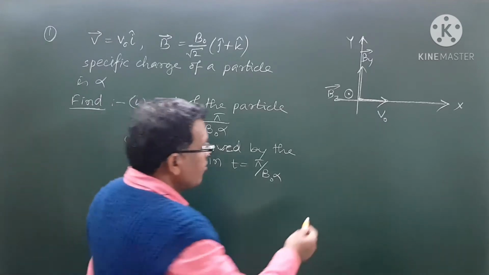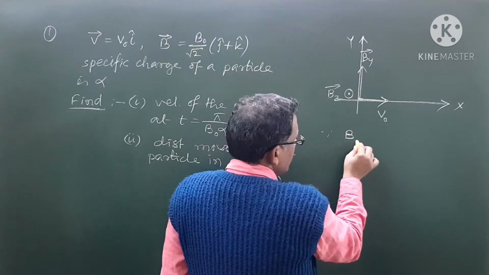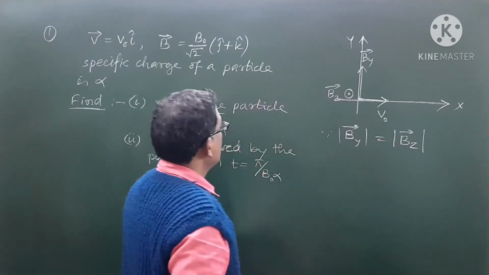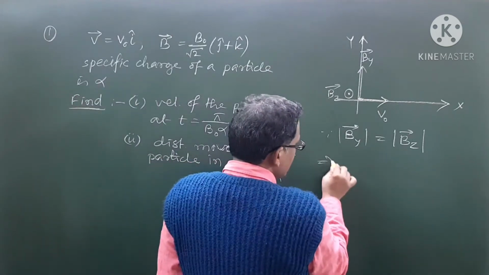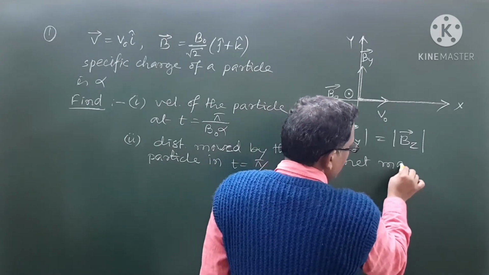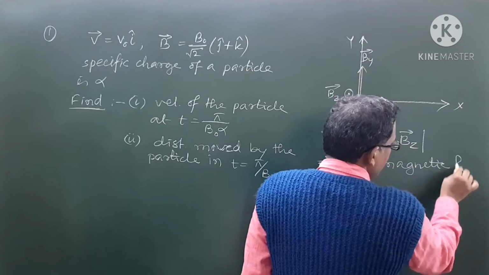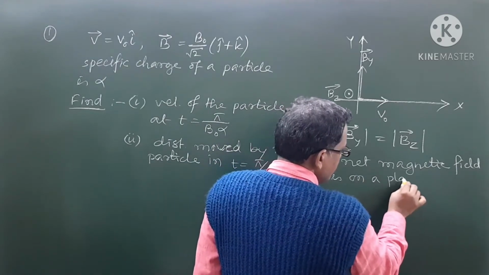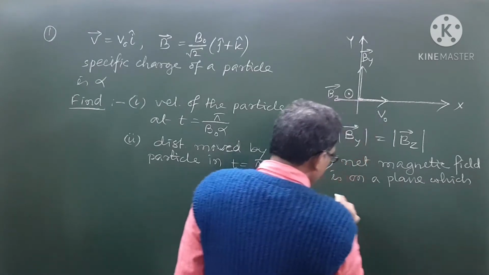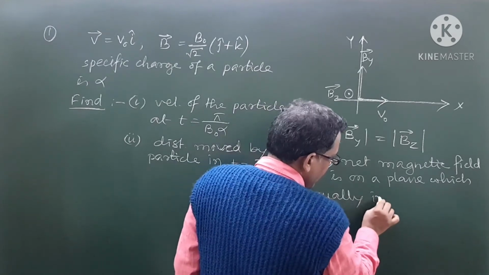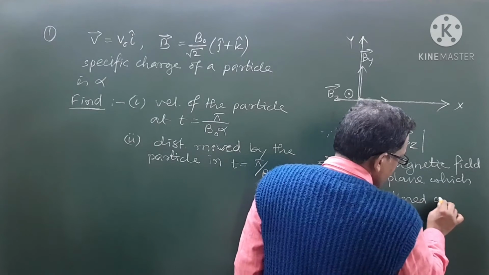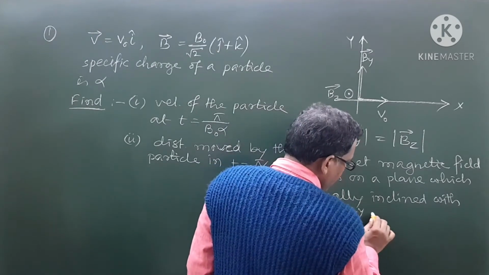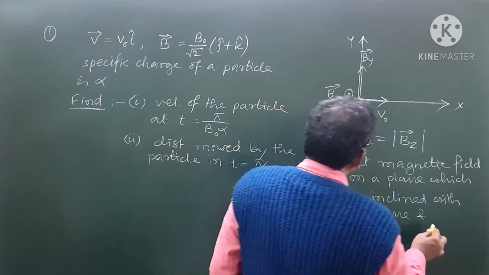So we can write down, since By magnitude is equal to Bz magnitude, this implies that the net magnetic field is on a plane which is equally inclined with both the xy plane and the xz plane.